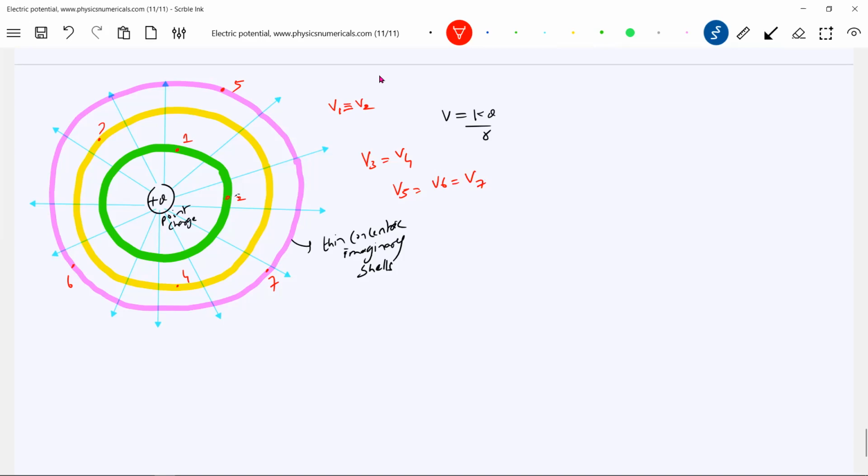So what are these thin concentric imaginary shells? Equipotential surfaces. At all points on that surface, the potential is the same, so I'll call that equipotential. And the equipotential surfaces and the electric field strength vector will always be perpendicular.